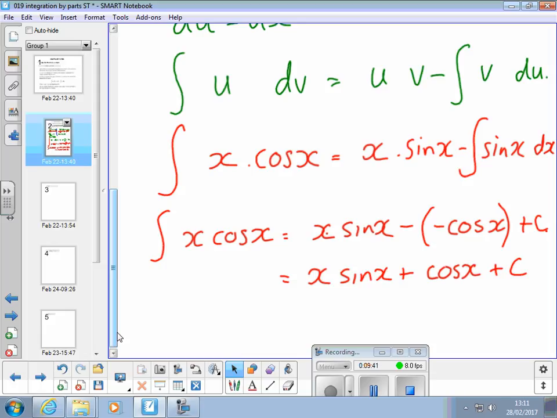With a definite integral, we could do that integration to find the indefinite integral and then evaluate the definite integral afterwards.